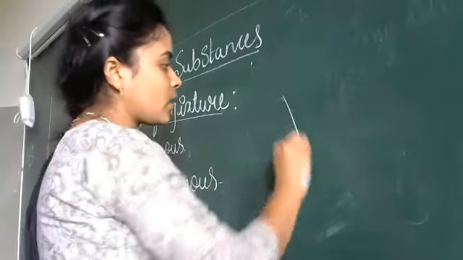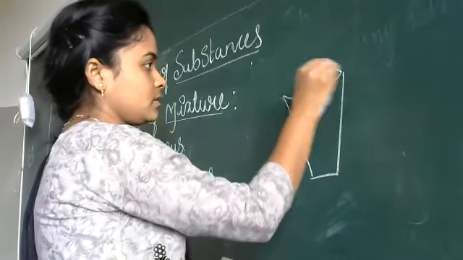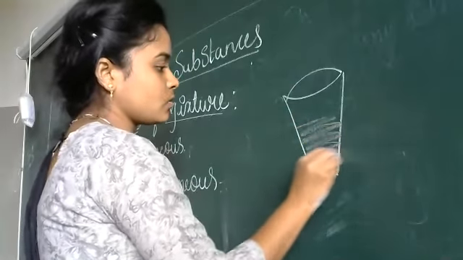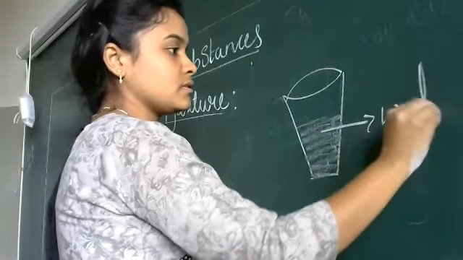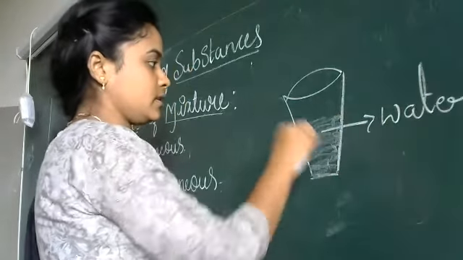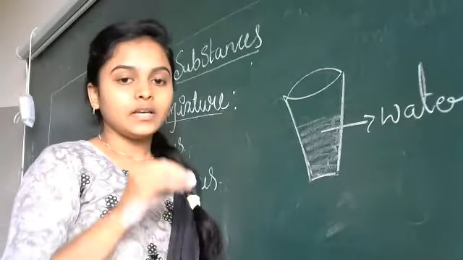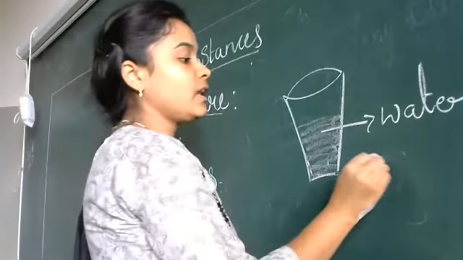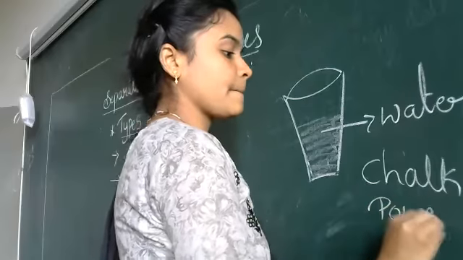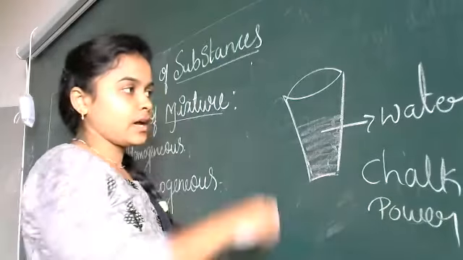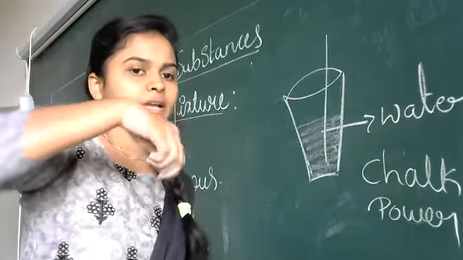Okay. Now I'll ask you one question. This is water. Now, in this water, I will add chalk powder. What will I add? Chalk powder, and I will mix it completely.